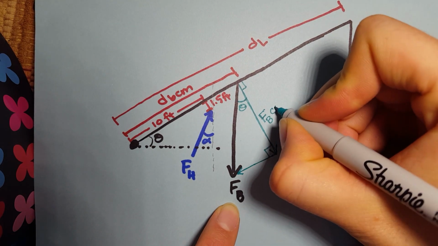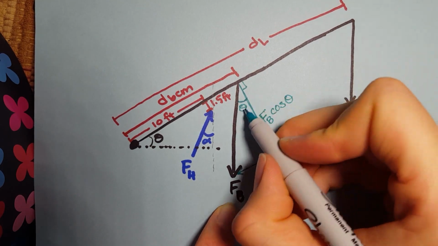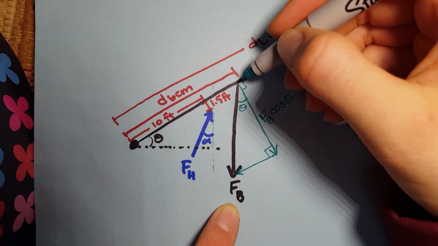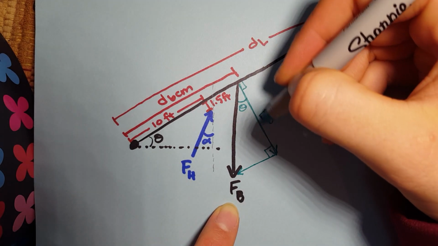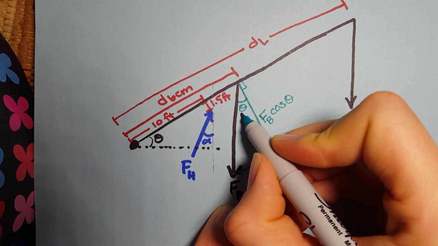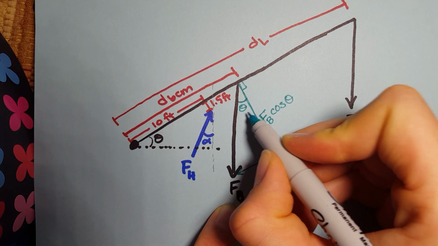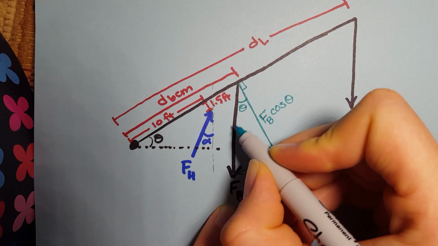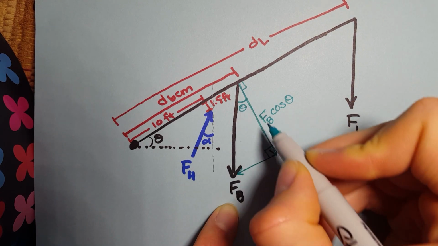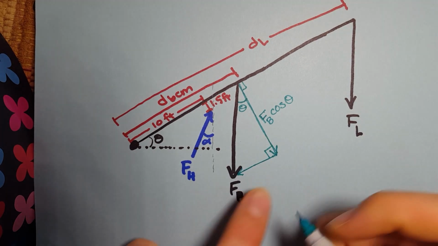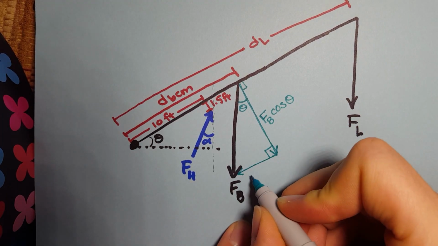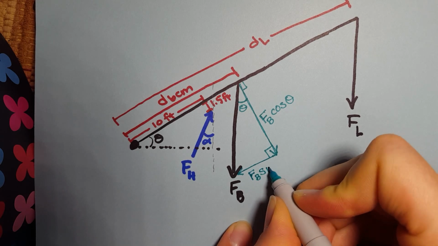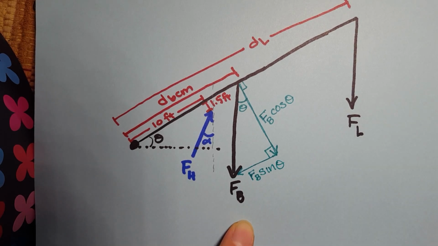Because if you have an angle and its side, you're looking at the adjacent side, the cosine of that angle is going to equal adjacent over the hypotenuse. Okay, SOHCAHTOA, so CAH. Cosine, adjacent, hypotenuse. And similar reasoning, we can get that that is FB sine of that theta value.